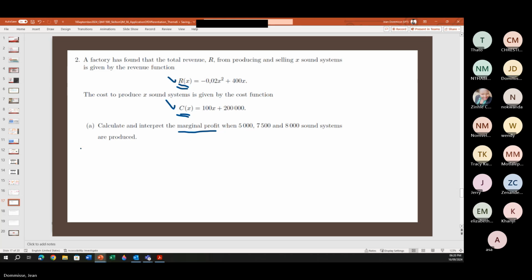So how do we get total profit? Total profit is equal to total revenue minus total cost.